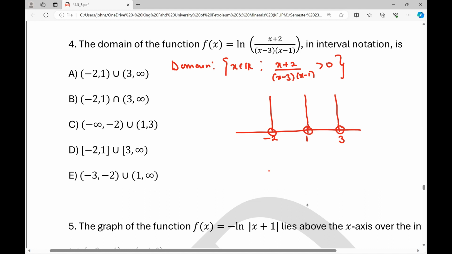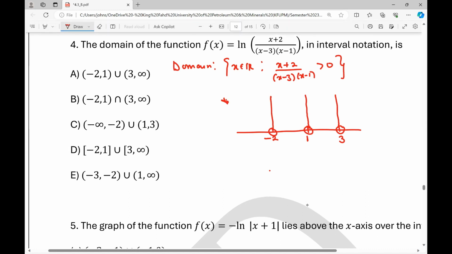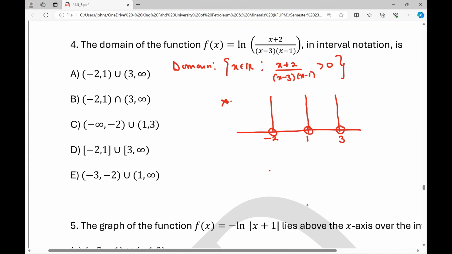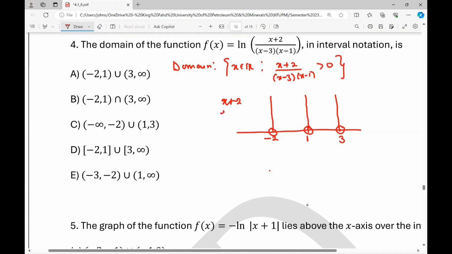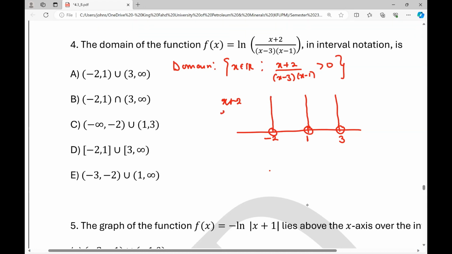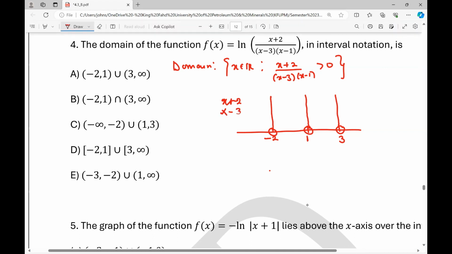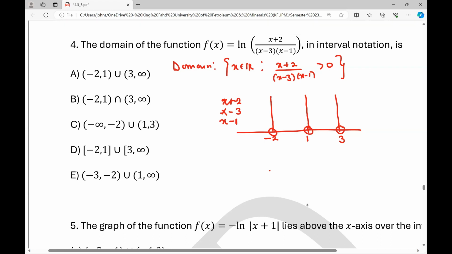So here we can have x plus 2, and this is just going to be x minus 3 and x minus 1. So we have to list all the factors to do the sign test, right? So this is x minus 3 and this is x minus 1.